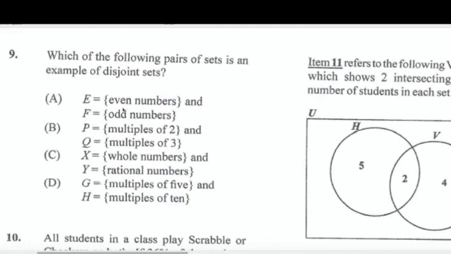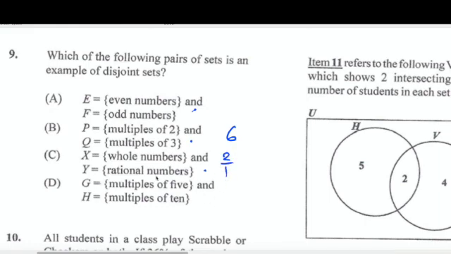So, even numbers and odd numbers, this might be it, because there isn't really an intersection there. Multiples of 2 and multiples of 3, no, there are numbers like 6 which will be in the intersection of that. Whole numbers and rational numbers, no, because a whole number could be 2 and the rational number is 2 over 1.